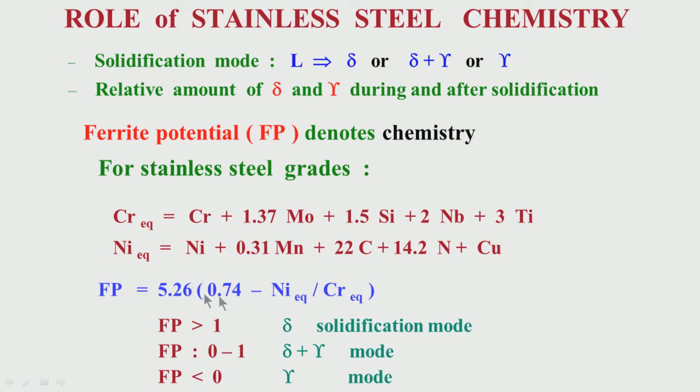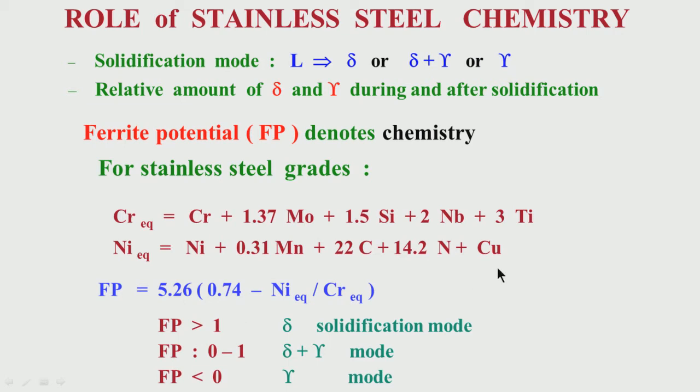This equation indicates, suppose we take 0.74 minus 0.55, how much is it? 0.19. Then you multiply it by 5.26 and it becomes 1. That is the significance of 0.74: if you deduct 0.55 from the ratio and multiply by 5.26, it basically gives 1. So delta solidification means more than 1.